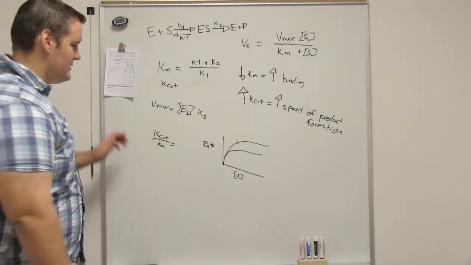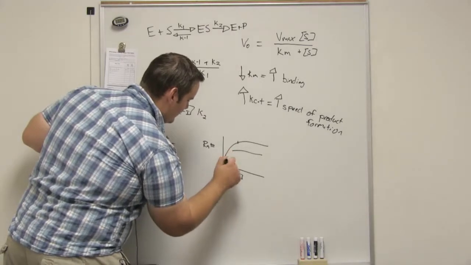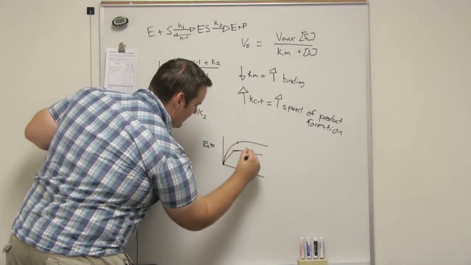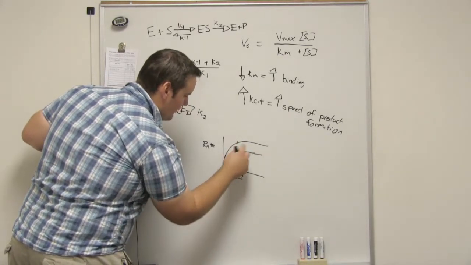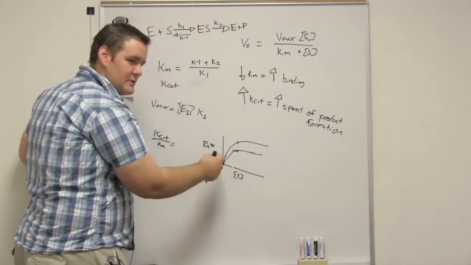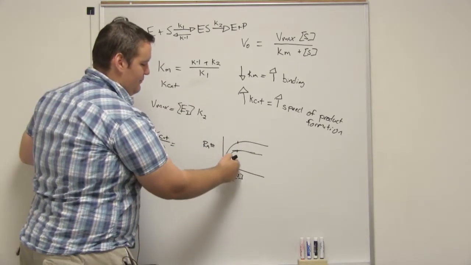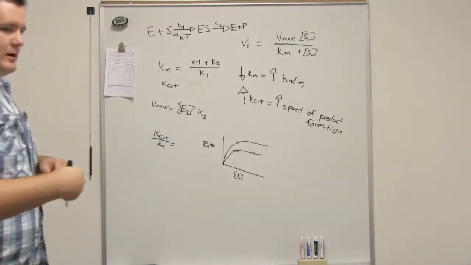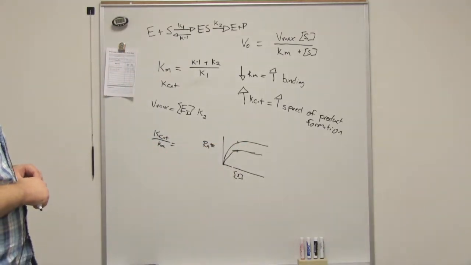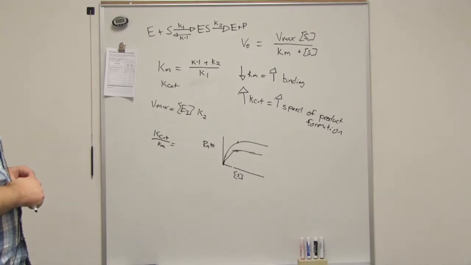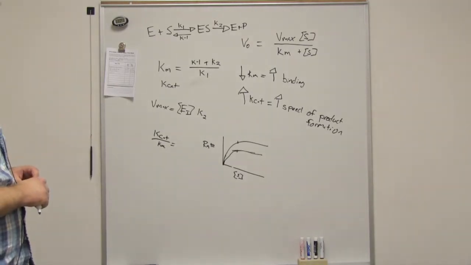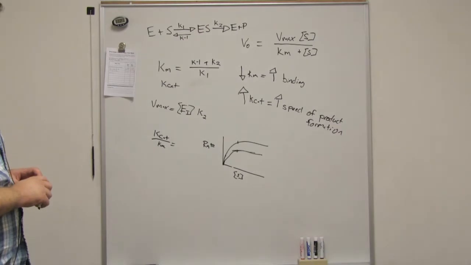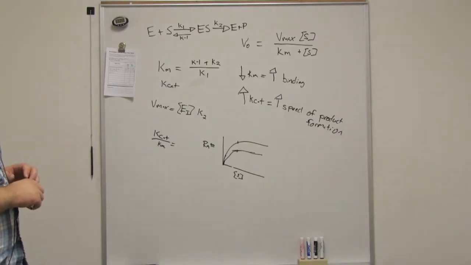I think so. My drawing is amateur at best, but the point of plateauing is going to happen at the same concentration of substrate, but you're going to have a lower rate because you're hitting Vmax quicker. So Vmax is dependent on the concentration of the enzyme and the substrate, whereas Kcat is not.